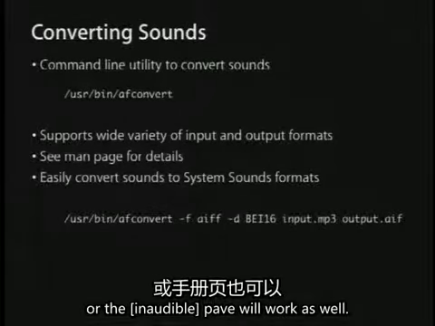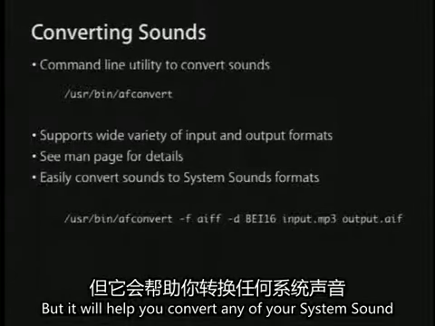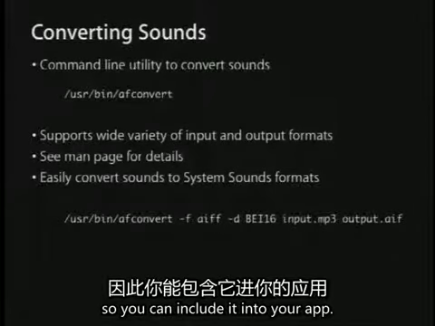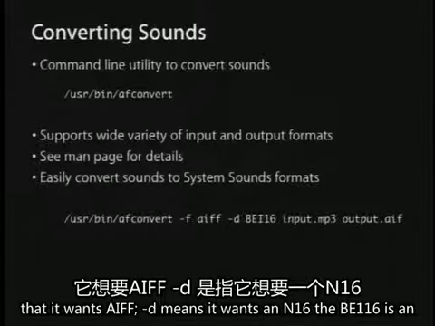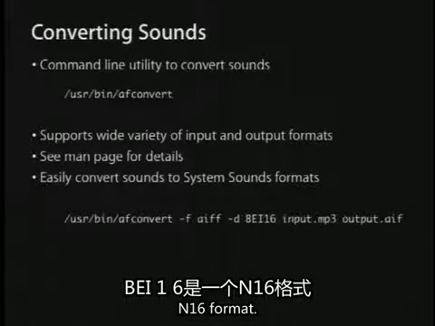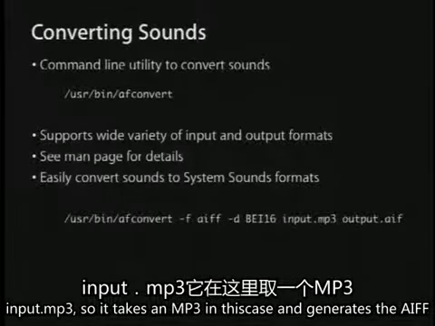Or the man page will work as well. It'll help you convert any of your sounds to system sounds so you can include them in your app. So here's an example. afconvert -f means that it wants AIFF. -d means it wants an int16. The BEI16 is an int16 format. Input MP3, so it takes an MP3 in this case and generates the AIFF on the way out.